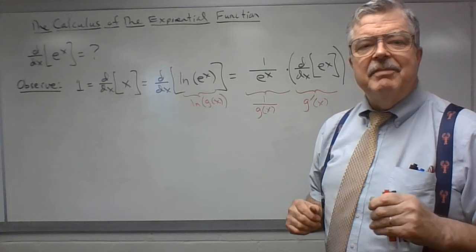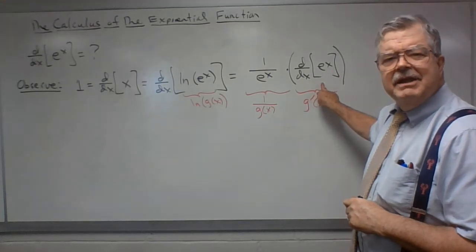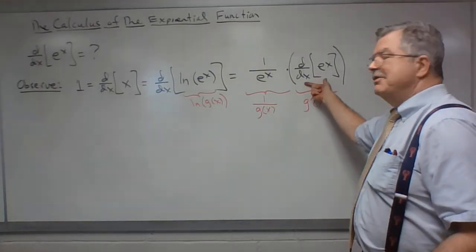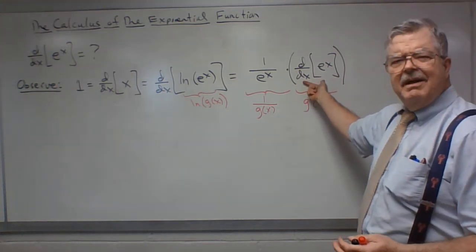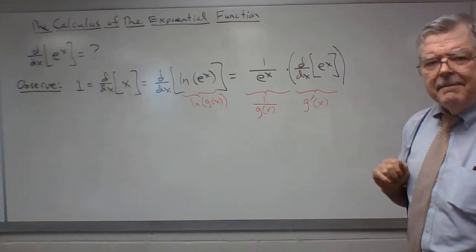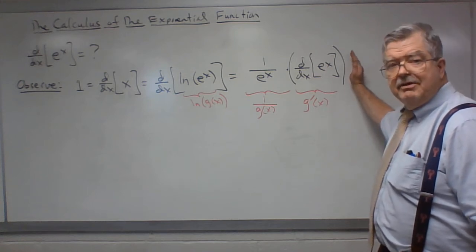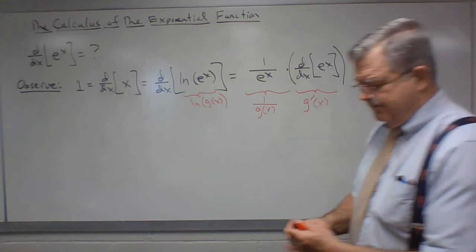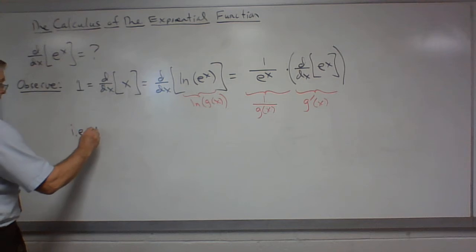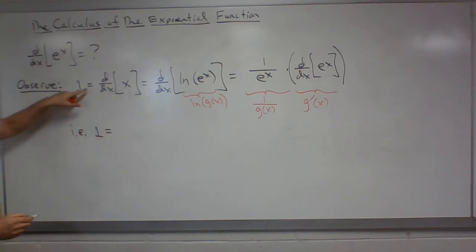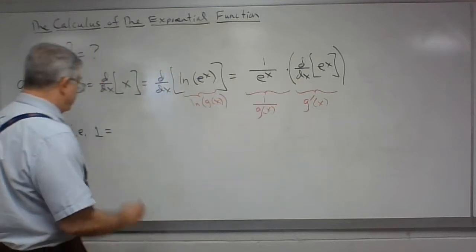It looks like I've chased my tail around and wound up back where I started, namely, I have the derivative of e to the x, and I don't know what the derivative of e to the x is, so what have I really accomplished here? Well, I'll tell you what. Let me summarize what I just accomplished. I have 1 equals 1 over e to the x times the derivative of e to the x.